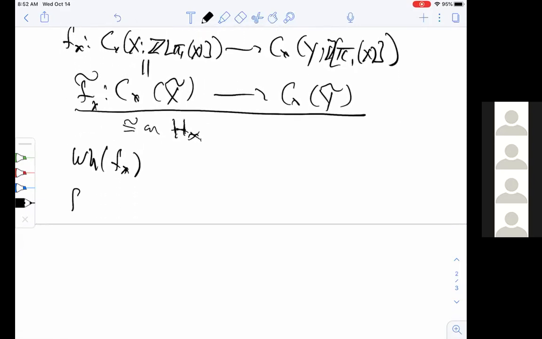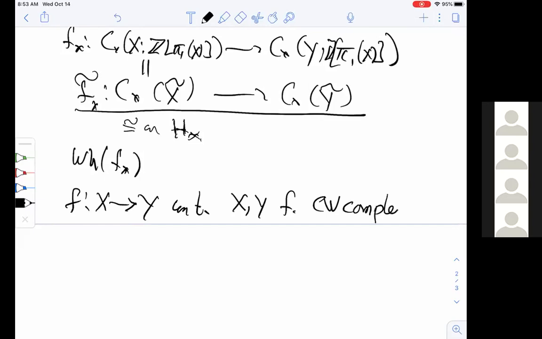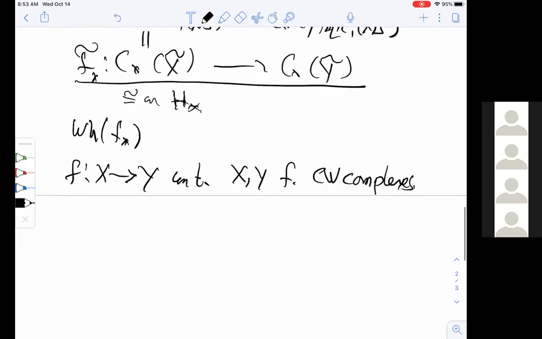But now if we just have a continuous map from X to Y, where X and Y are finite CW complexes, and it's a homotopy equivalence, then we can define its Whitehead torsion.